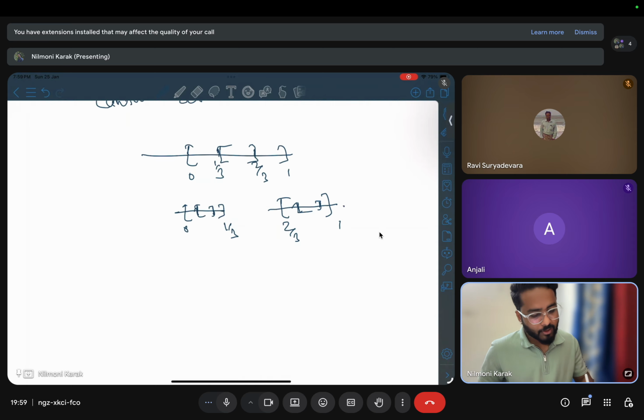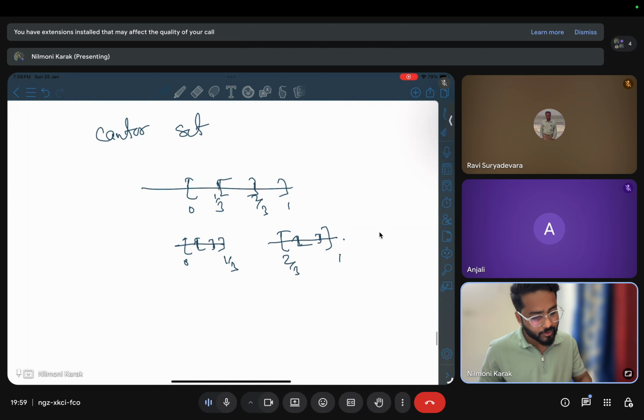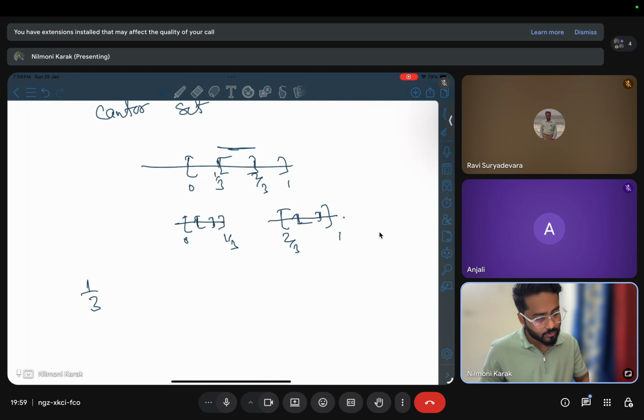In the first case you are removing 1 by 3. In the second case you are removing 1 by 9 and another 1 by 9, so 2 times 1 by 9. In the next step you remove 4 times 1 by 27, and so on.